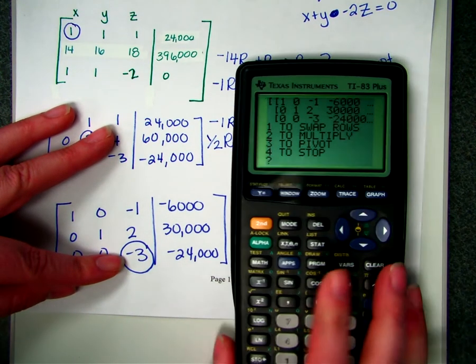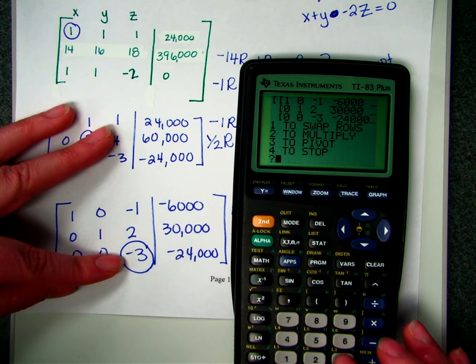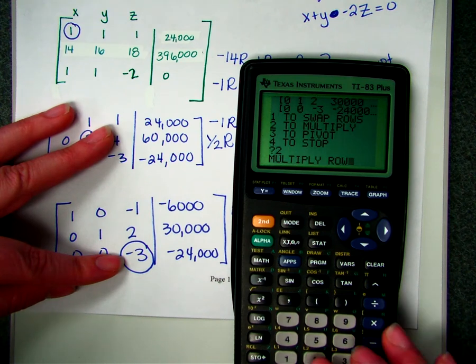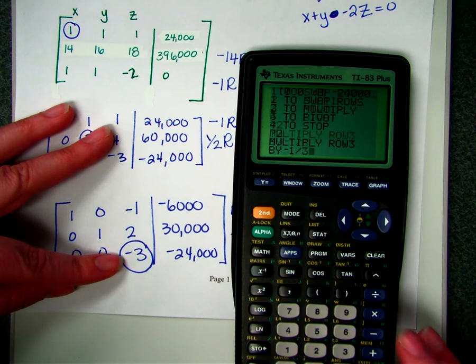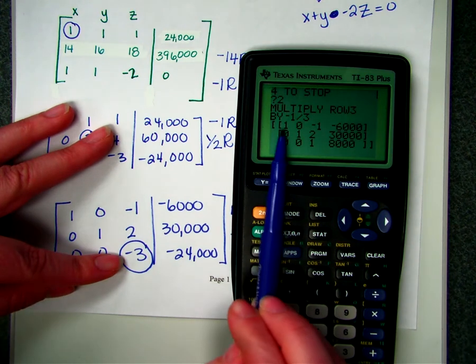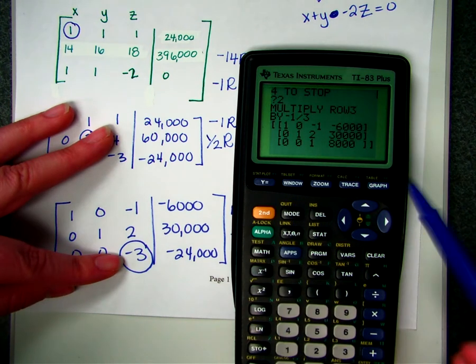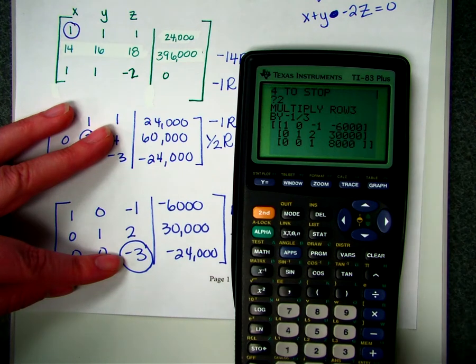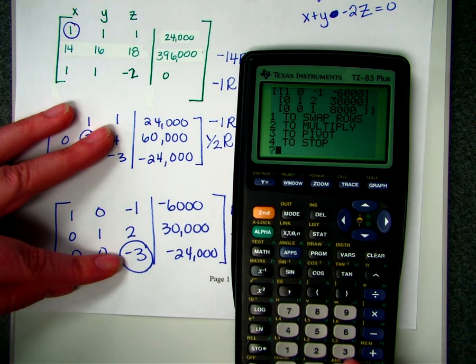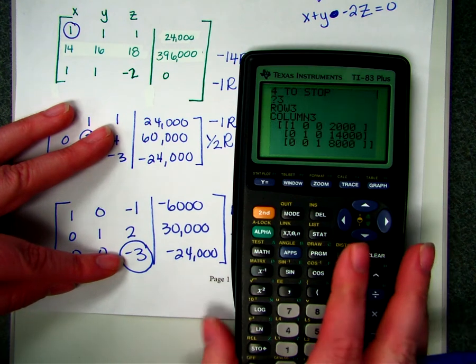So bring back up those list of commands in your calculator. Start with to multiply. Multiply row 3 by negative 1/3. So right there in my diagonals, I have all of those 1s. Now I'm going to turn these two numbers into zeros. So I'm going to hit enter again, bring up those commands, and we are going to pick option number 3 to pivot around row 3, column 3.